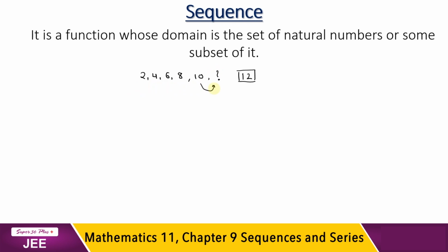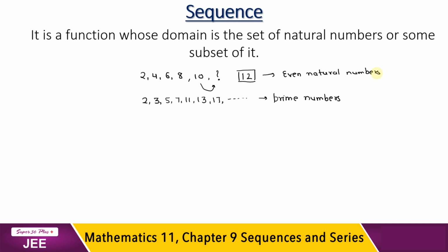Similarly, I can have a sequence like 2, 3, 5, 7, 11, 13, 17 and so on. So this is also going to be a sequence because we are following a logical rule, and that logical rule is that all the numbers present over here are prime numbers, and all the numbers present over here were even natural numbers.